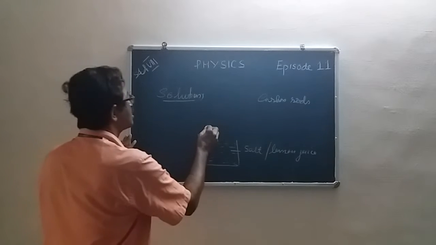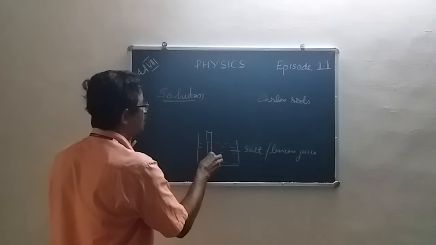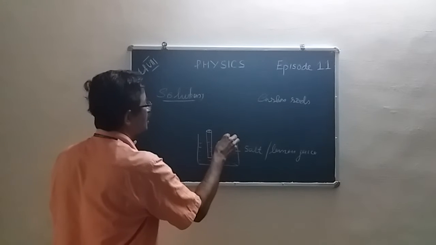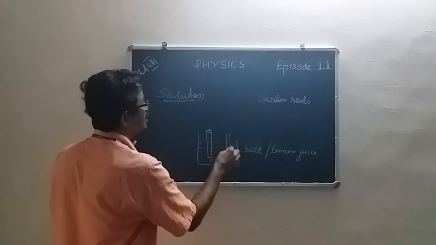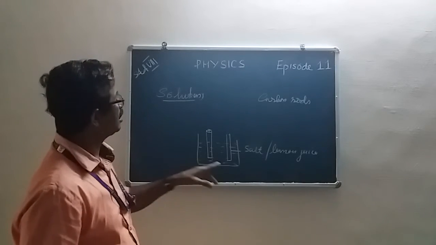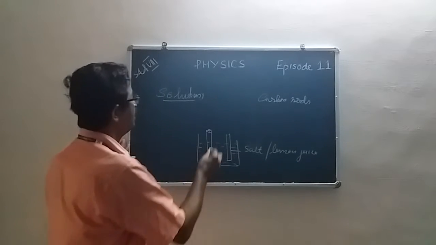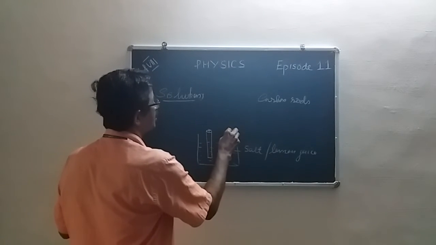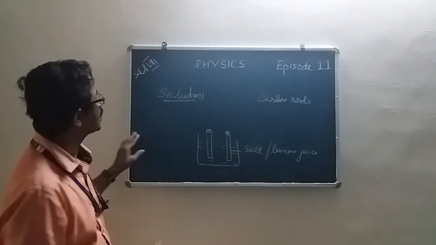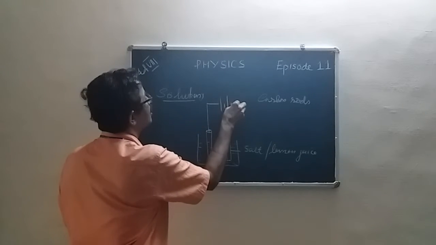Now, these two carbon electrodes, that means the carbon rods we got from the cells, are placed in the solution, that means the water mixed with salt or lemon. The cups are thoroughly cleaned, wrapped with some copper wire and connected to a battery.